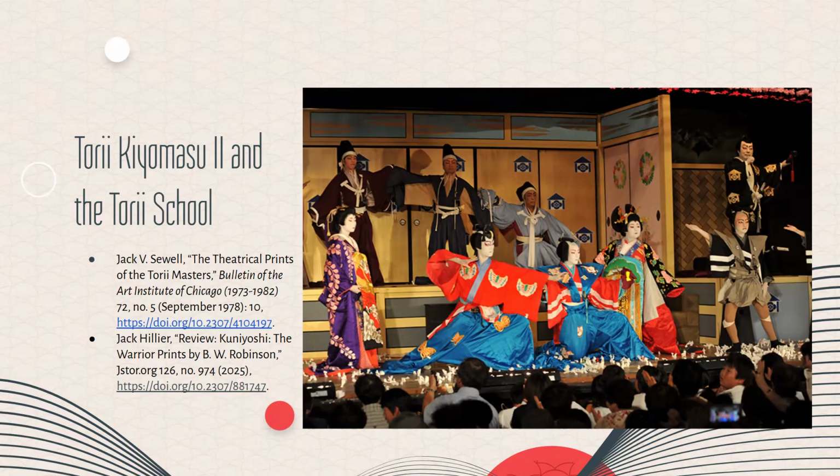As you can see here, this is a picture of a kabuki play, a session where the audience is able to enjoy the theater of kabuki. And you can see that they have their faces painted, which is traditional of the art form.